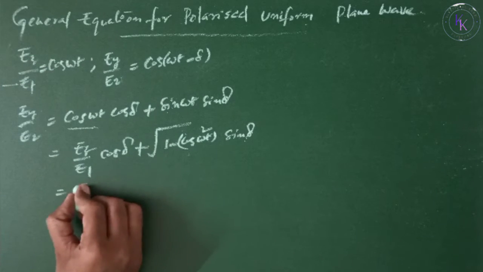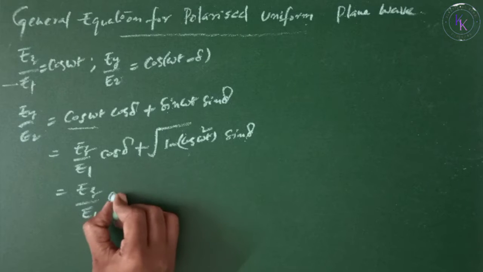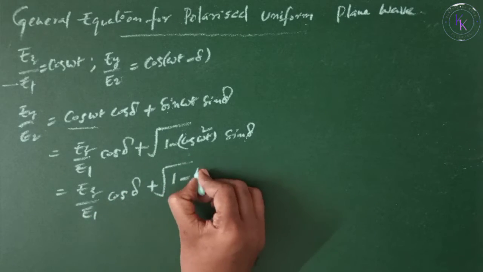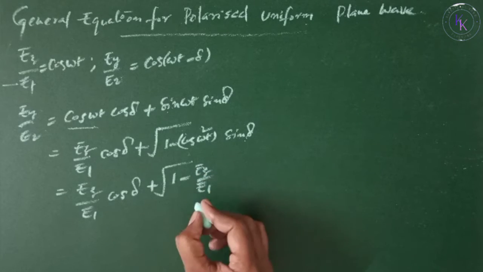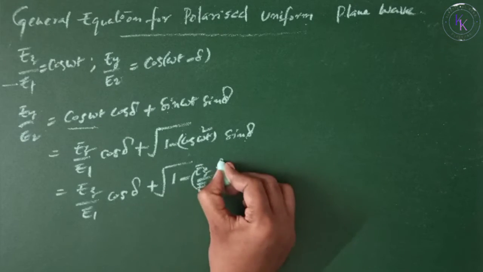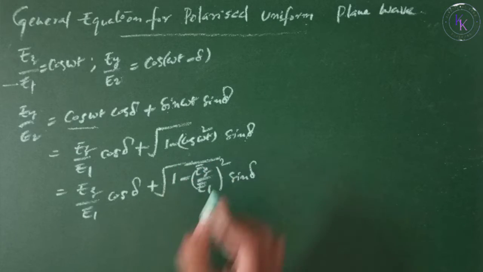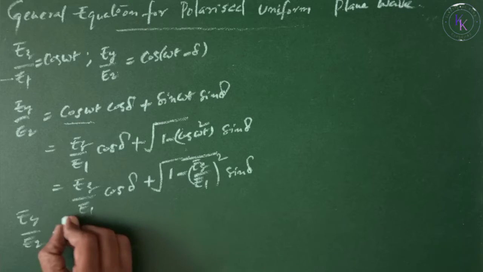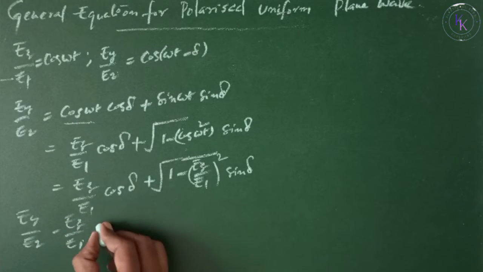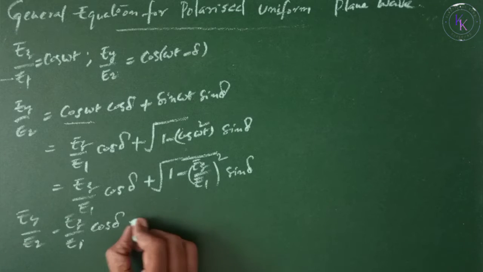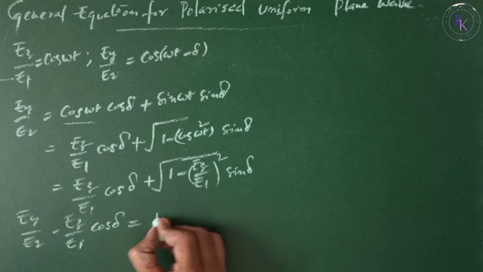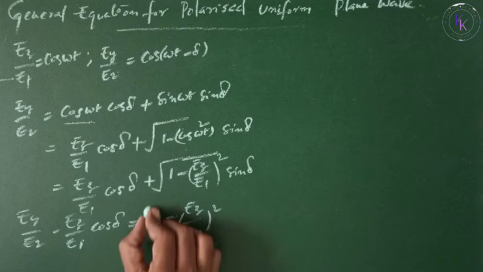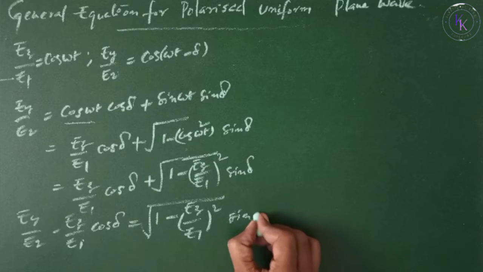So you can write Ey by E2 equals Ez by E1 cos delta plus the square root of 1 minus (Ez by E1) whole square, sin delta. From this, Ey by E2 minus Ez by E1 cos delta equals the square root of 1 minus (Ez by E1) whole square, times sin delta.